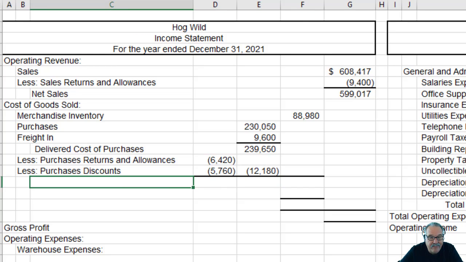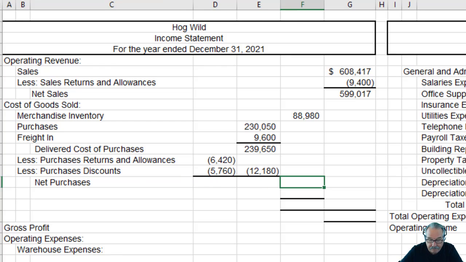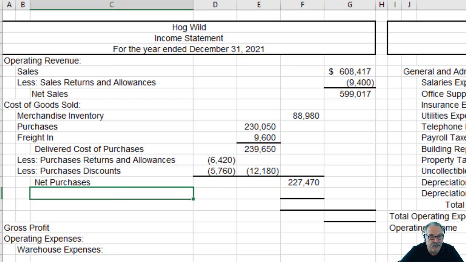When we subtract that from the delivered cost of purchases, we get net purchases of $239,650 minus the $12,180, which is $227,470.